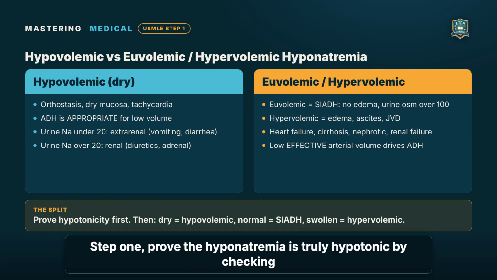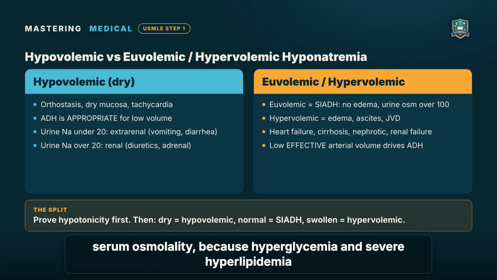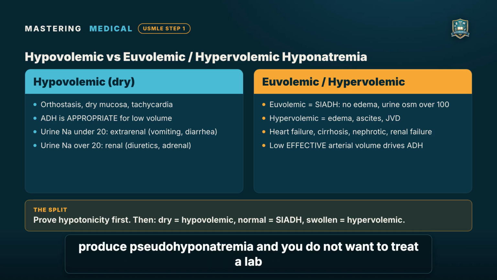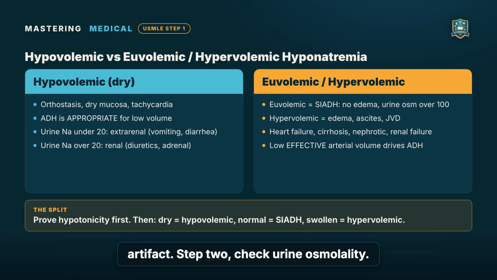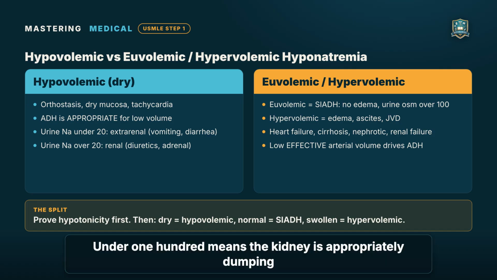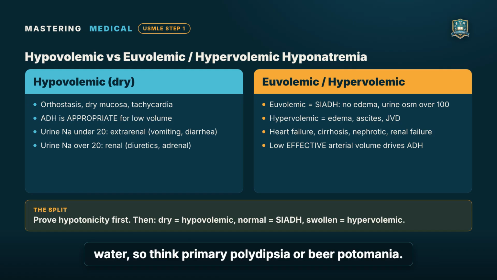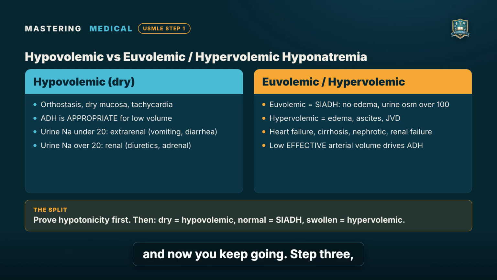Prove the hyponatremia is truly hypotonic by checking serum osmolality, because hyperglycemia and severe hyperlipidemia produce pseudo-hyponatremia and you do not want to treat a lab artifact. Step 2. Check urine osmolality. Under 100 means the kidney is appropriately dumping water, so think primary polydipsia or beer potomania. Above 100 means antidiuretic hormone is active, and now you keep going.